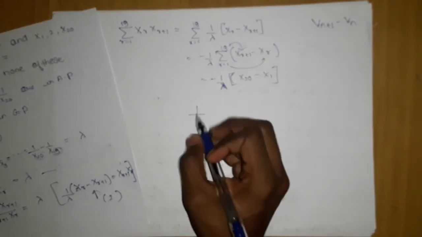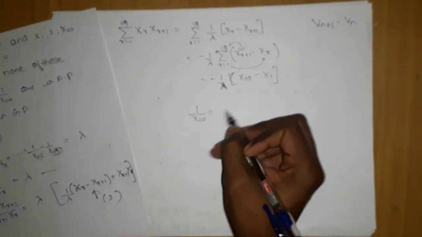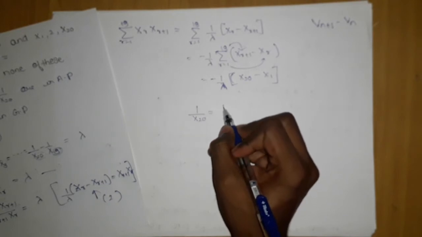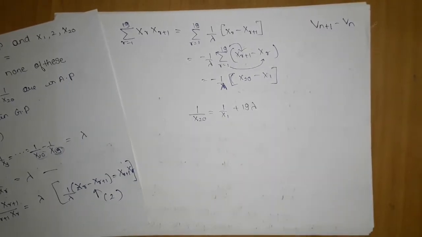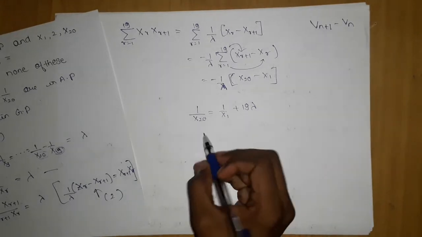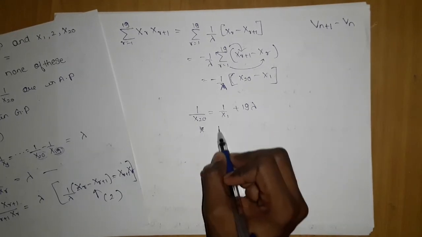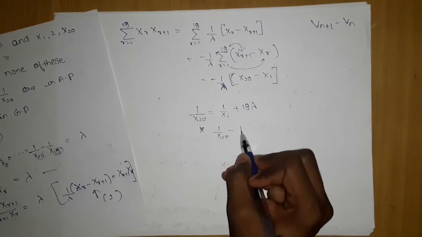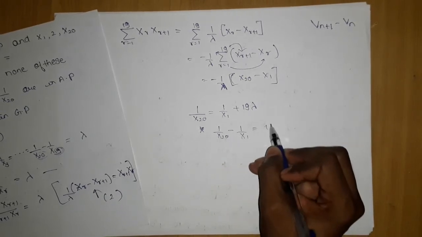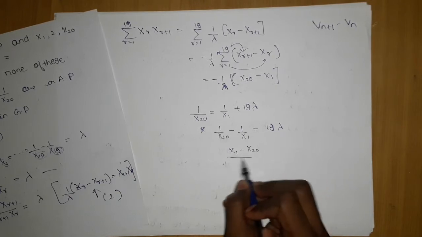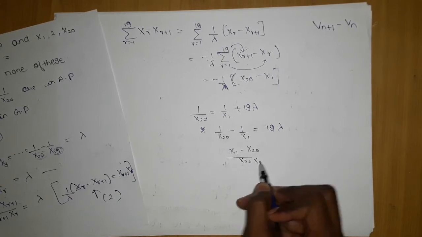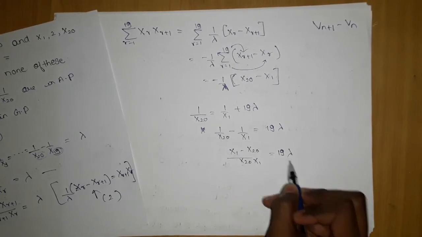Since we know that they are in AP, 1 upon x20 will be nothing but 1 upon x1 plus 19 times lambda. Do you agree with this? After doing this, I can bring this 1 upon x20 here and 1 upon x1 here and 19 lambda here, which will give me x1 minus x20 upon x20 into x1 equal to 19 times lambda.